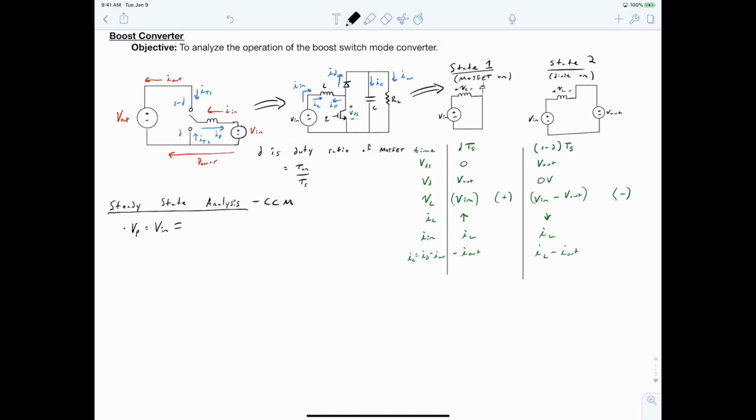So therefore, the average of our pole voltage must clearly be equal to 1 minus D times our output voltage. And we can rewrite this expression to solve for Vout as being equal to Vin over 1 minus D. So you can solve this expression for the duty ratio of the converter for a specified input and output voltage combination.